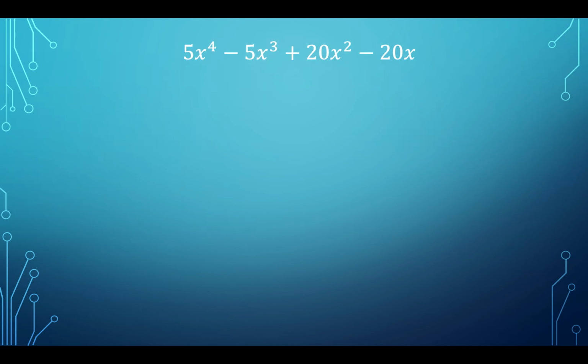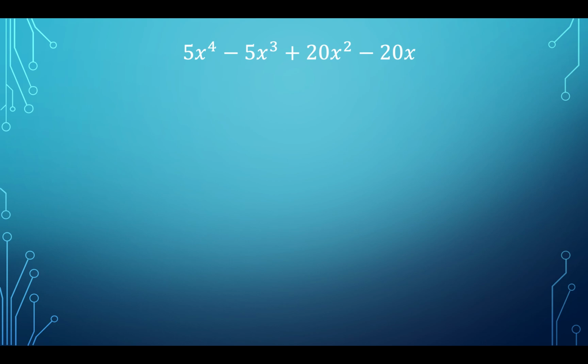In this one, we have 5x to the 4th minus 5x to the third plus 20x minus 20. Now, before we go ahead and use factor by grouping to do this, do we notice how each and every one of these terms has an x in it? When that happens, factor out the greatest common factor first.